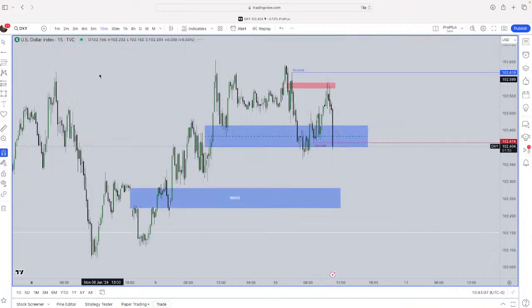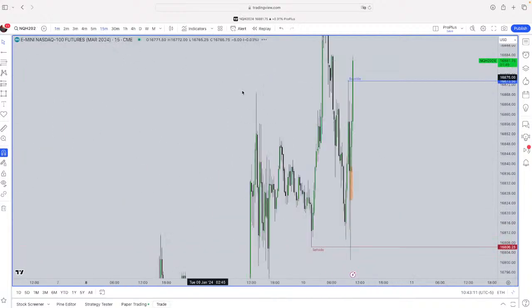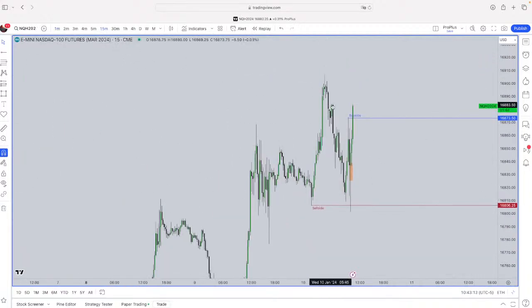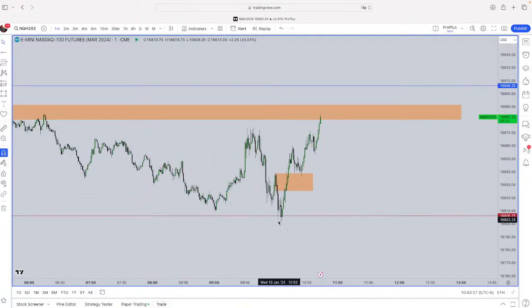Target here on Nasdaq. Yeah, nice. So next one would be here. Then I'd like that to be an inversion for it to then run that buy side. That's what I look for next. Yeah, that's really nice here.